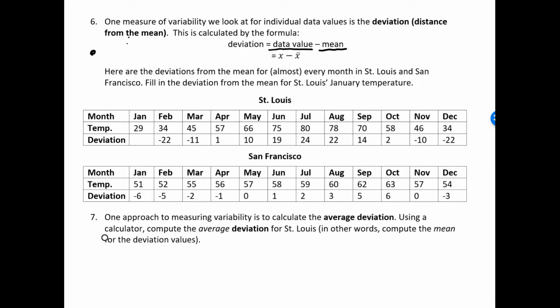The mean might be above it, and so if we take this point and subtract whatever this mean value is, we're going to get a negative deviation. That's because our point is deviating to the negative side. It's less than the mean.